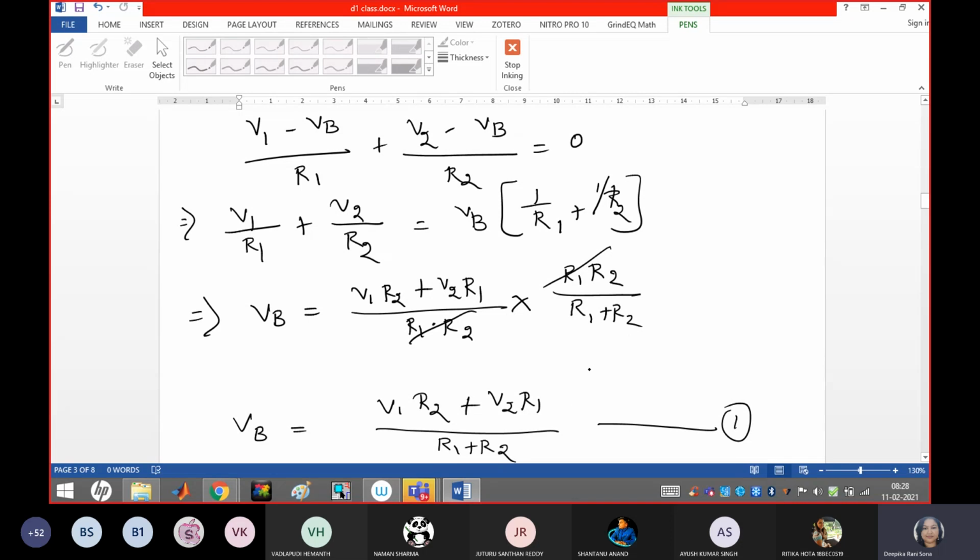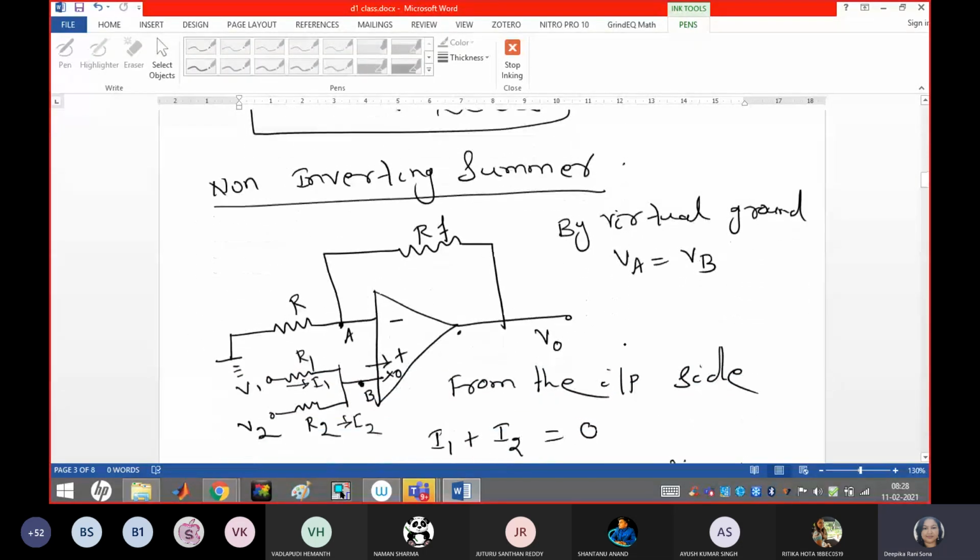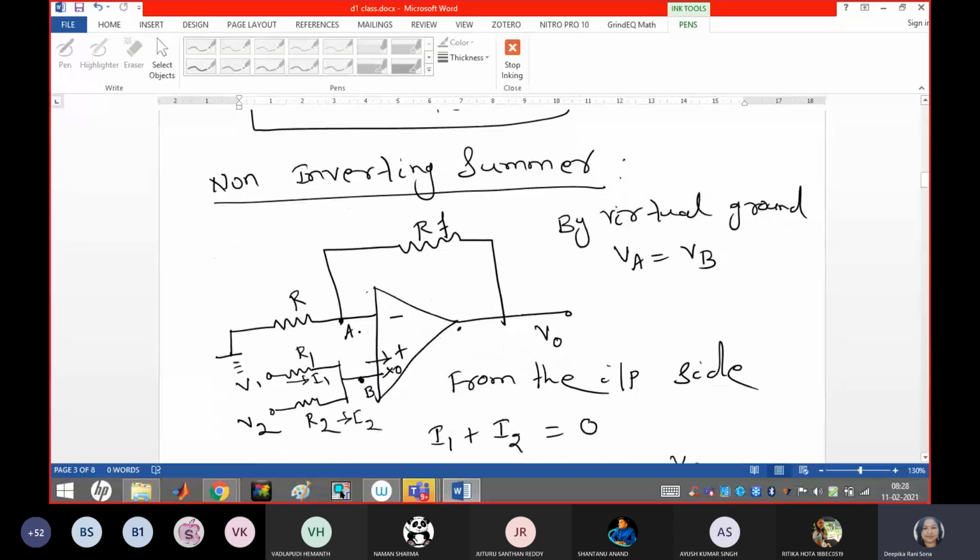Now we have to analyze node A, because at the beginning I wrote from the circuit that VB equals VA, or VA equals VB. Now what is VA, what is VB we calculated. That is the factor for VA.